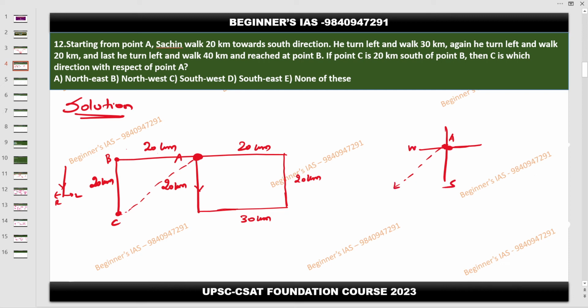C is in the southwest. So we can eliminate only one option there. Understood? Yes, sir. Southwest, answer is C. Don't want to see any other thing. So now shall I move on to the next question? Yes, sir. Fine.